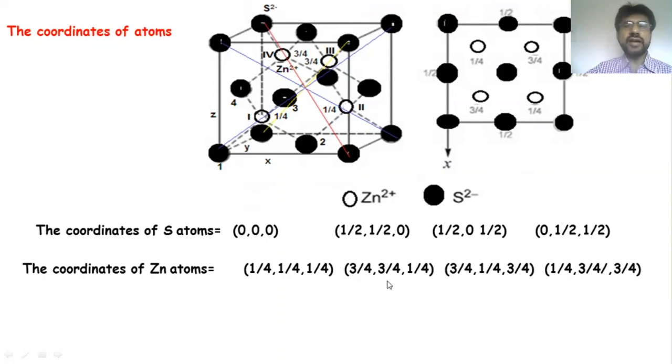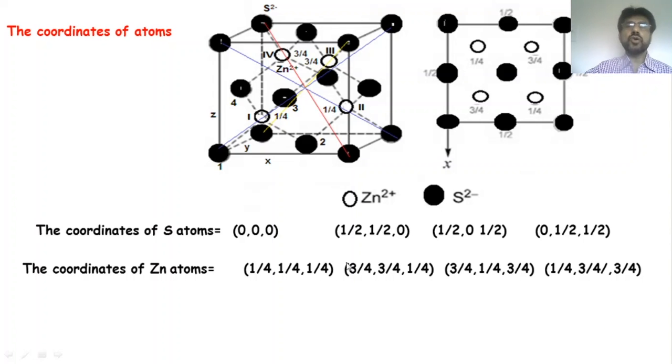Similarly, the second has coordinates 3/4, 3/4, 1/4. The third has coordinates 3/4, 1/4, 3/4. And the fourth atom has the xyz coordinates 1/4, 3/4, 3/4.